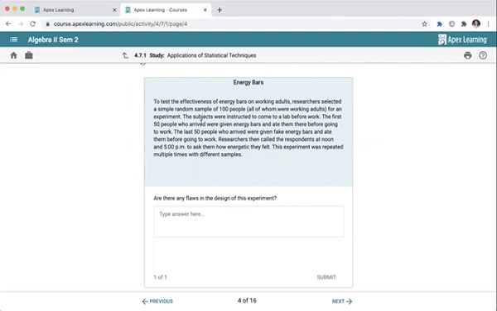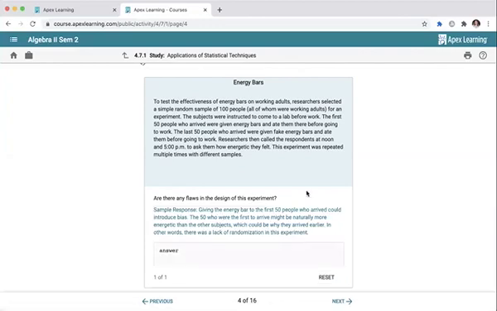All right, the first 50 who arrived were given the energy bars and ate them there before going to work. The last 50 who arrived were given fake energy bars and ate them before work. Researchers then called the respondents at noon and 5 to ask them how energetic they felt, right? This experiment was repeated multiple times with different samples, okay? Is there any flaws in this design of the experiment?